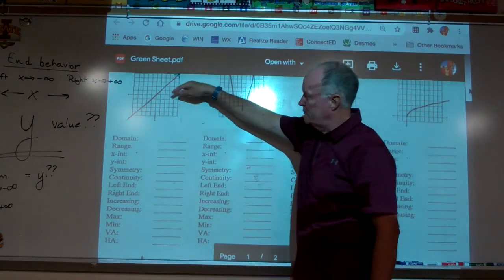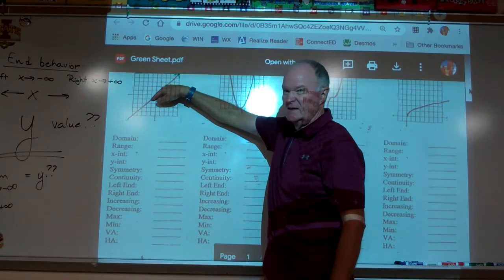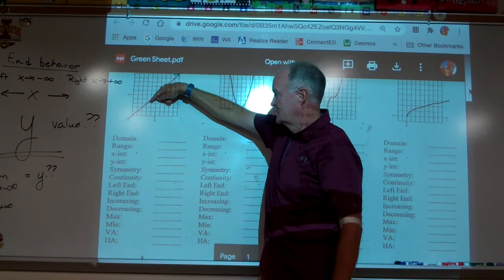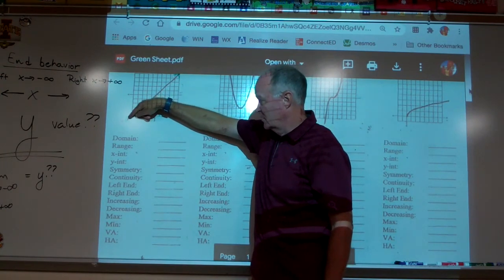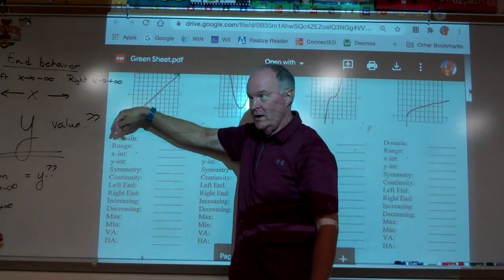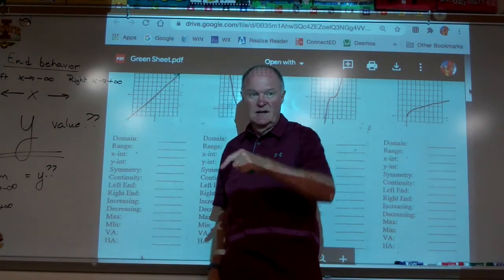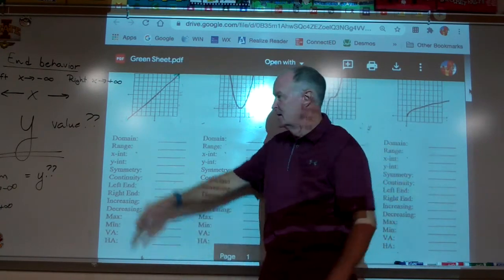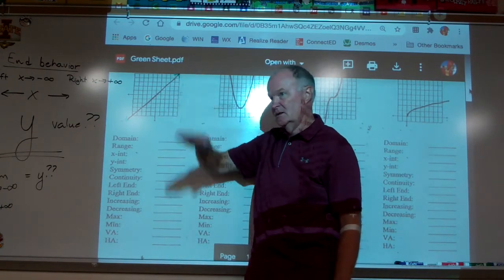Let's start with y equals x. Here we go. You start on the curve somewhere, but you want to make sure you can get all the way to the left. So when I get all the way here, going to the left, I hit an arrow, and since I'm talking y's, I'm really thinking top to bottom like I did with the range. The y values, the tops, the bottoms.